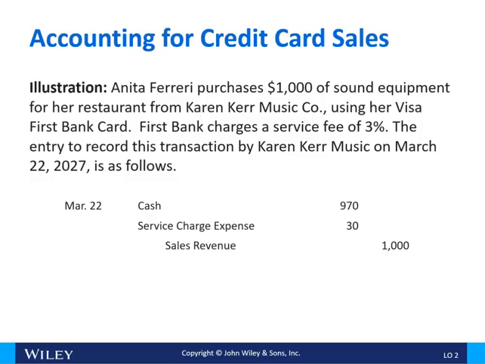We record the expense of $30 and we receive $970 in cash. So you notice the difference here with using a national credit card: we're debiting cash. We're not setting up that accounts receivable, because since we got the authorization through the credit card system, we know we're going to get that cash from the bank, the card issuer, so we go ahead and record that in cash.